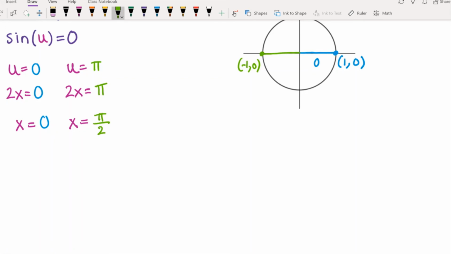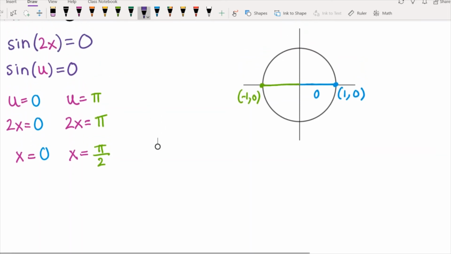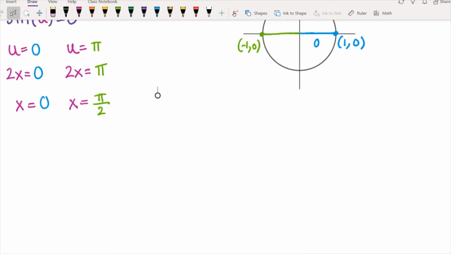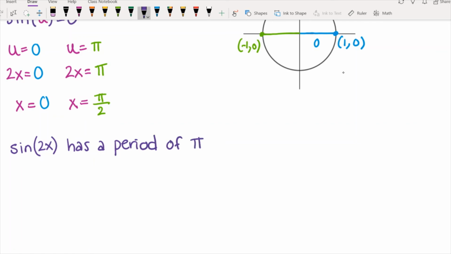And then to write down our final answer, well, we need to add on the period. Because our original function was sine of 2x, the period is going to be pi over 2, right? Or sorry, I said pi over 2, but I meant to say pi, because 2 pi divided by 2 gives you pi.